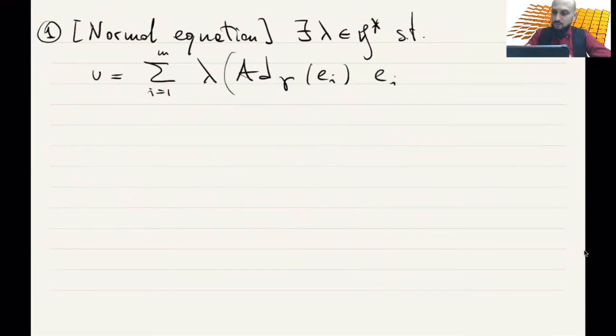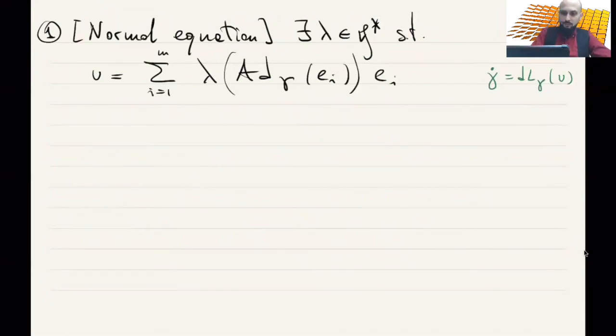Maybe in the previous video I wrote it as gamma dot, but this is what u is. u is just the left invariant, so the pullback at the identity of gamma dot. So gamma dot is the differential of the left translation by gamma applied to u. Okay, so this was the normal equation.